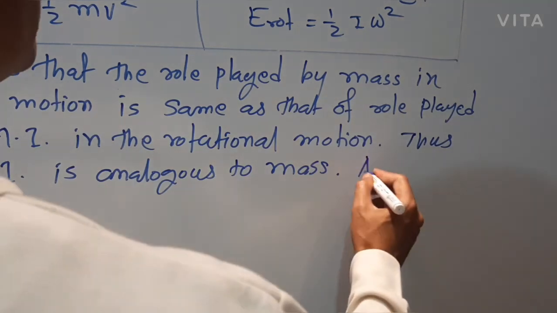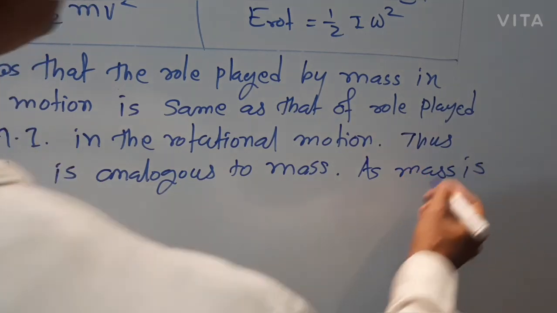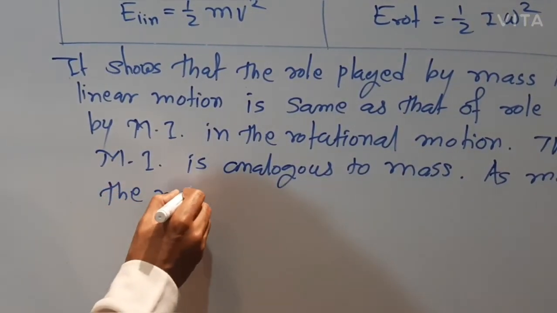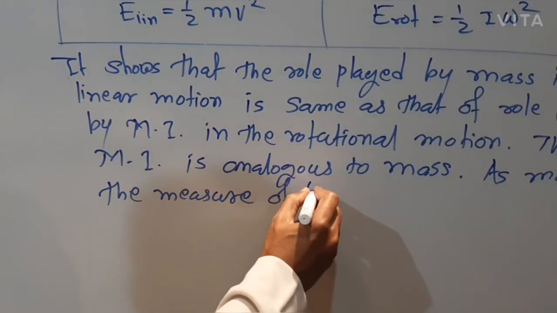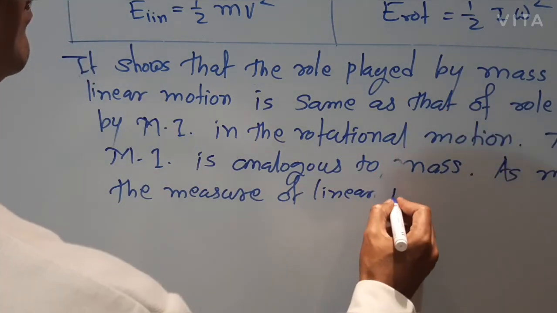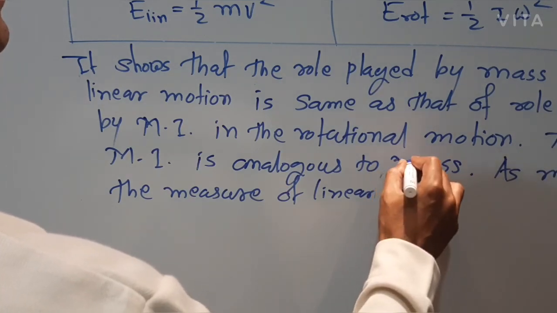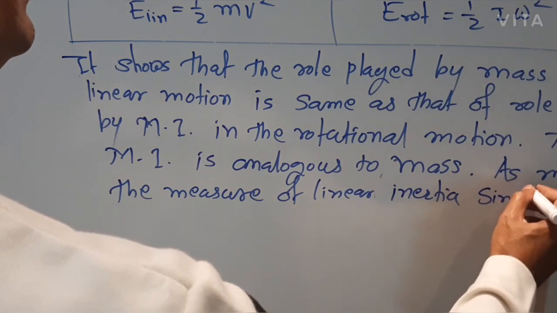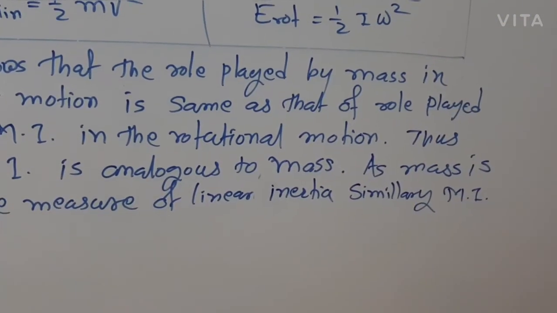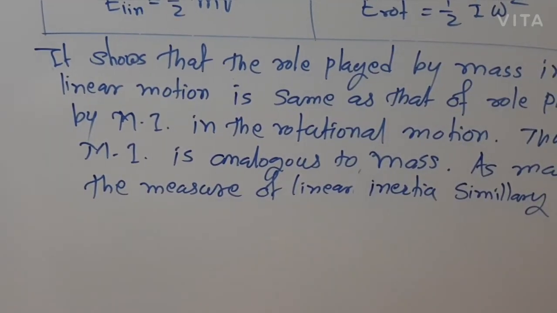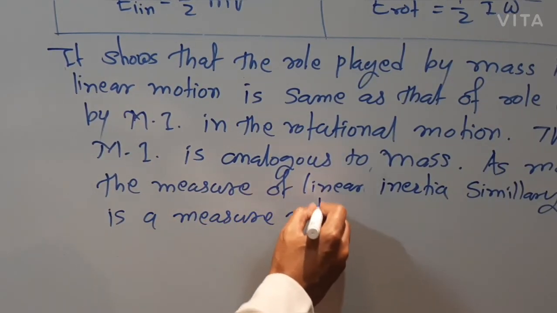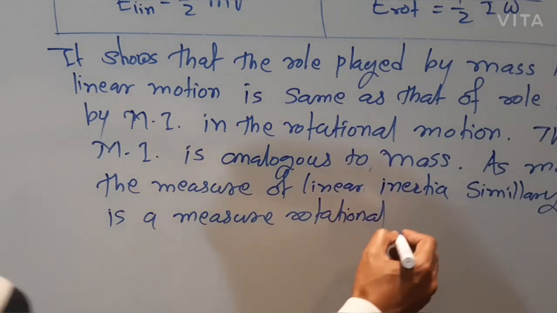As mass is the measure of linear inertia, similarly moment of inertia is a measure of rotational inertia.